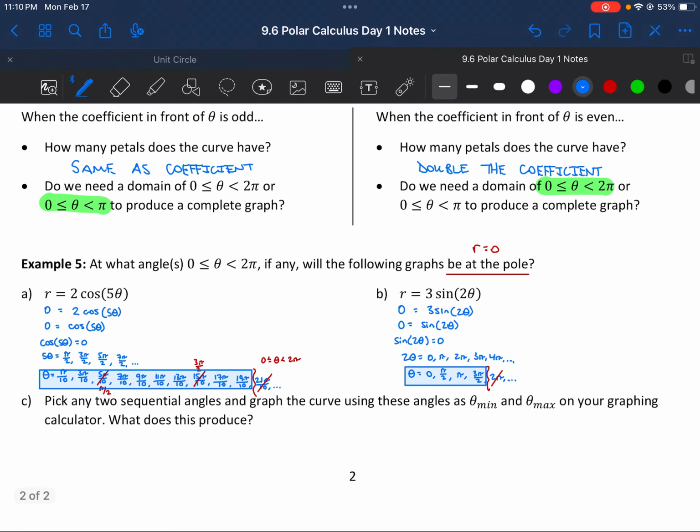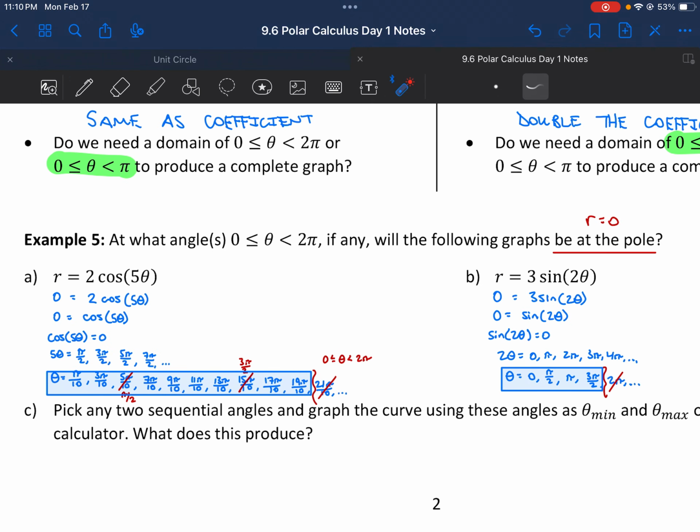All right. Then lastly, pick any 2 sequential angles and graph the curve using these angles as your theta minimum and theta maximum on your graphing calculator. What does this produce? Remember that these 2 examples are both examples of Rose curves.